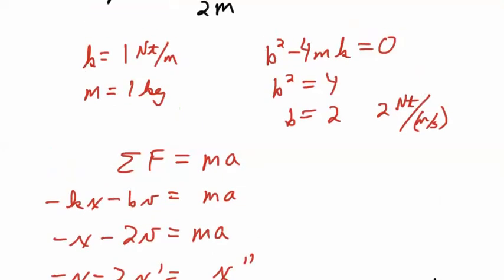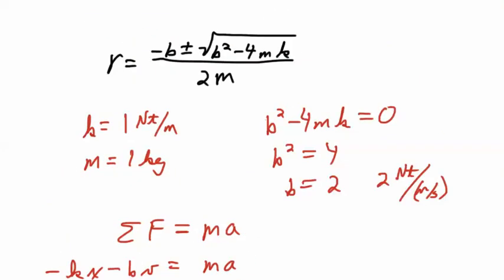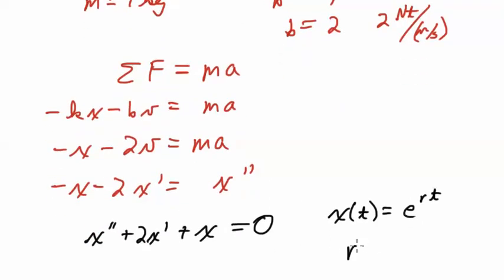And r in this case was, well, b squared minus 4mk was 0, so it's just going to be negative b over 2m. R is negative b over 2m, and b is 2, and m is 1, so it's negative 2 over 2, so it's just equal to negative 1.